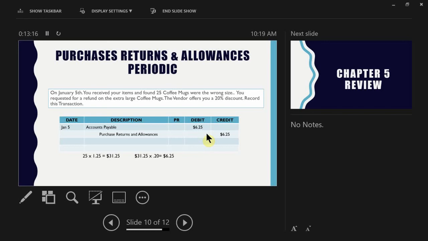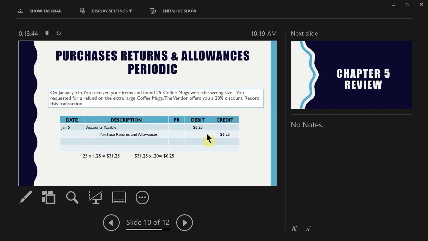Now, why is it I'm taking a discount on only some of them? It's because you're only requesting on these particular 25 cups. Only 25 of them are actually the wrong size. So you have to be very careful in making sure that you don't take a discount on all of it. You're only taking a discount on the item that you are unsatisfied with, or the wrong sized item.